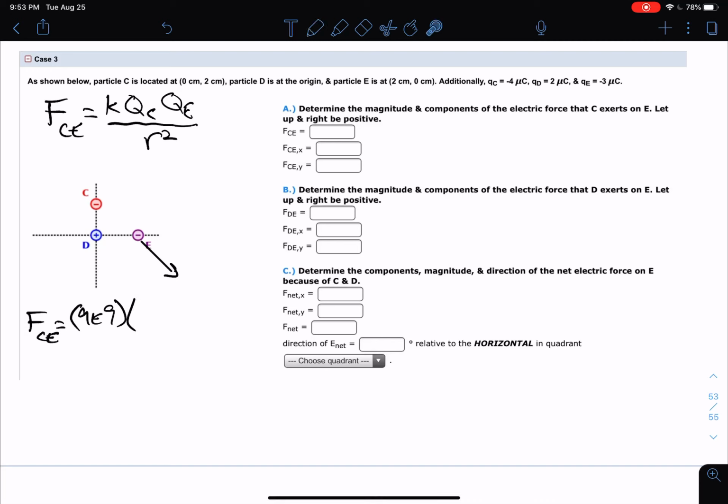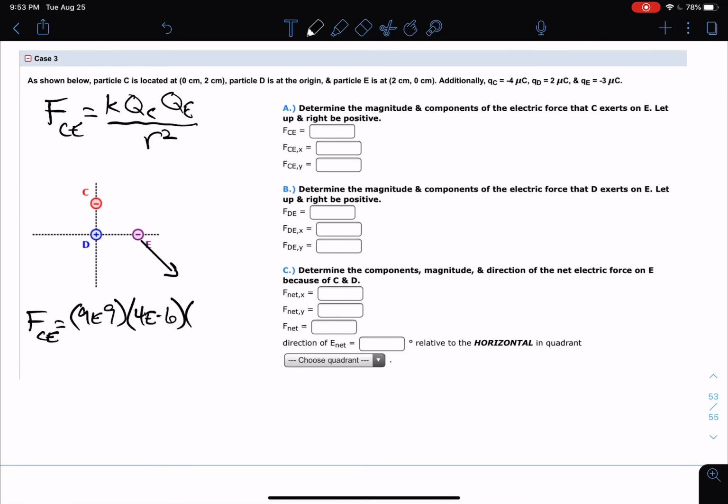Q sub C. Now the charge for particle C is negative 4 microcoulombs, but I'm taking the magnitude of the charge, so that's going to be 4e to the negative 6. Okay. And QE, it's also negative, but again, I put in the magnitude of the charge, so that's 3e negative 6.